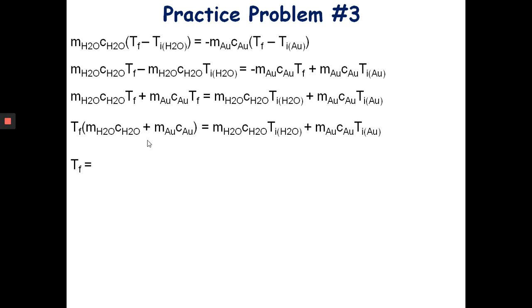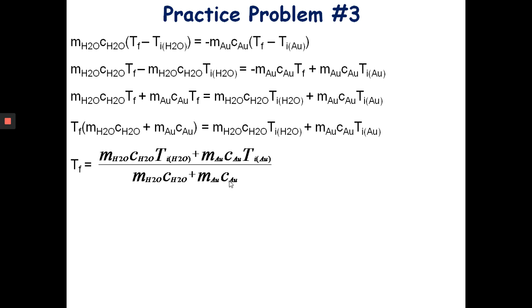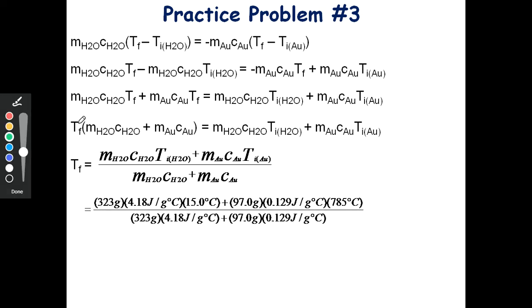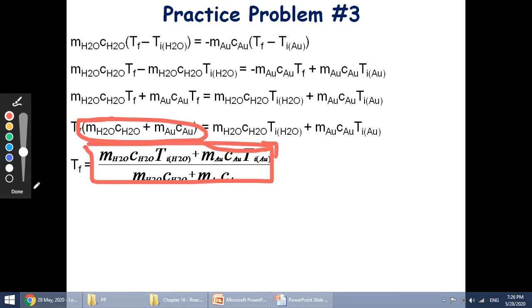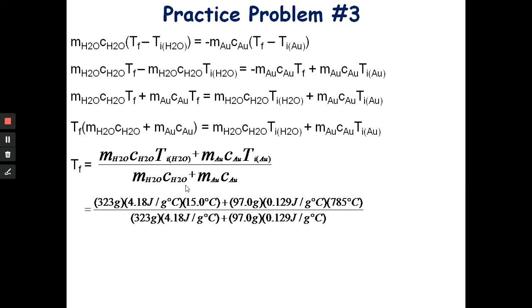Remember, I'm basically dividing the right side by this parenthesis term, so that this will cancel, and now this term is going to be placed in the denominator here, and then we get this fraction. Now we can plug in the value for each one of them, and here it is.